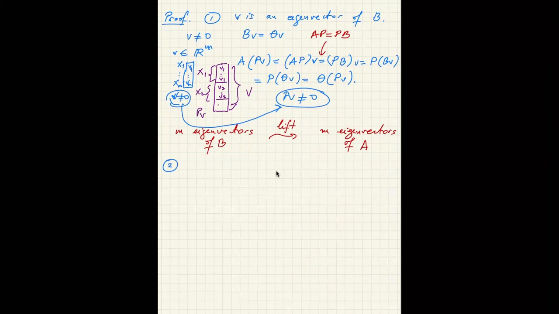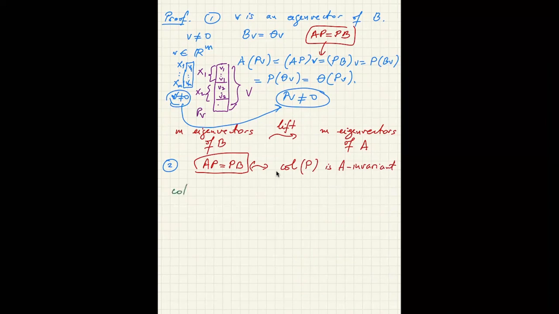So this key equation, AP equals PB, is actually the same thing, I write it here, as saying that the column space of P, which I denote by call P, is A invariant. Okay. So there are a few things there.